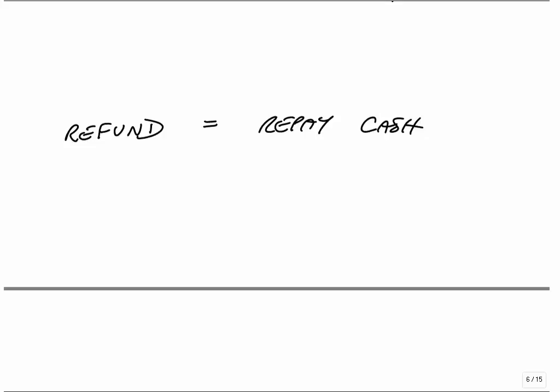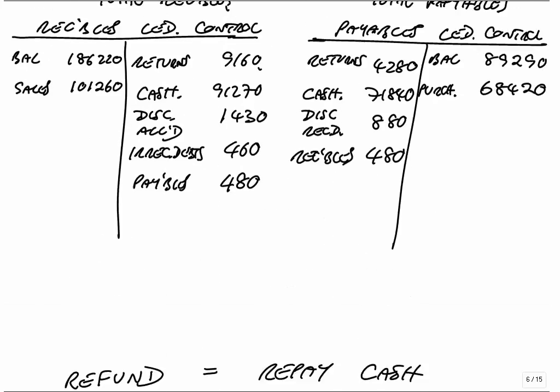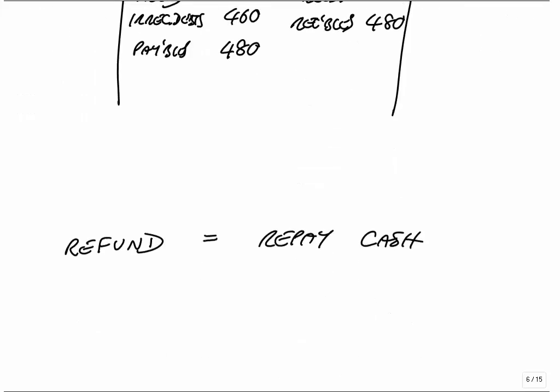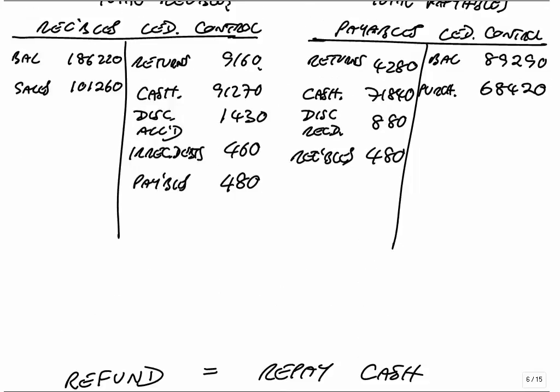Now think about this. When you gave cash to me, the normal position, debit cash, credit receivables. What do you think the entry is going to be if I repay some of that cash? Debit receivables, credit cash. She's right. You'll credit cash, you'll debit receivables.